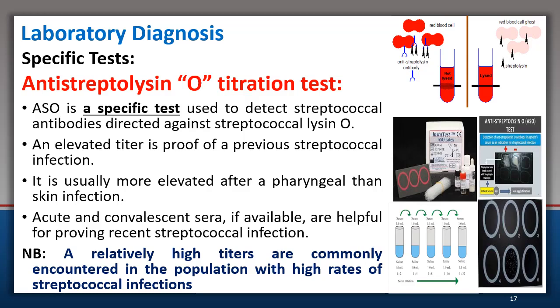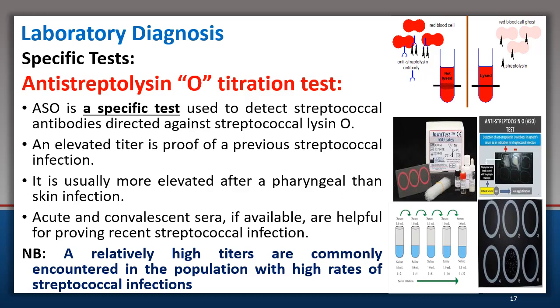In endemic areas, the baseline of anti-streptolysin O titer could be 250 units or more, whereas in non-endemic areas, it could be as low as 50 units. Increasing titer indicates a recent infection with group A beta hemolytic streptococci. Using two antibody titers, anti-streptolysin O combined with anti-DNase B titer, increases the specificity of the diagnosis to about 90% or more.